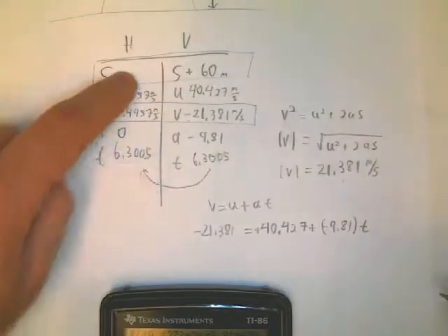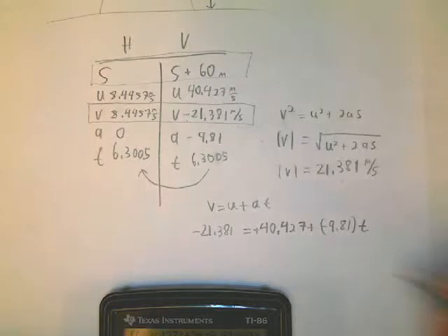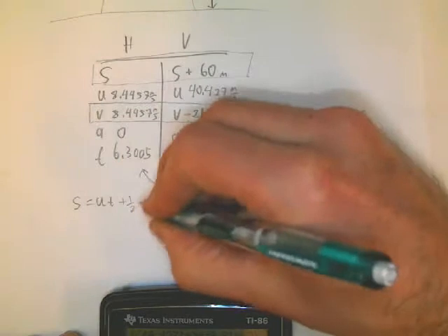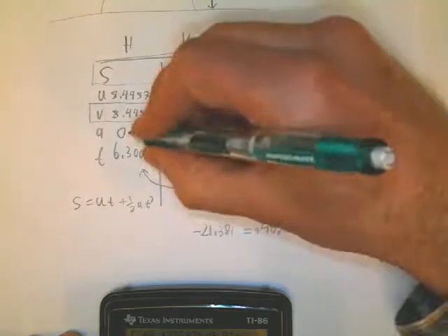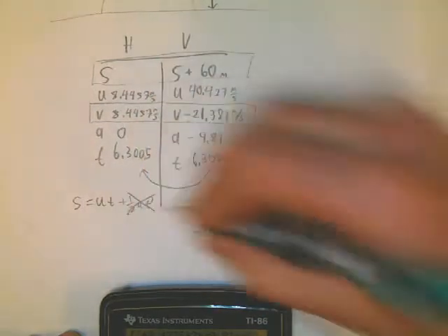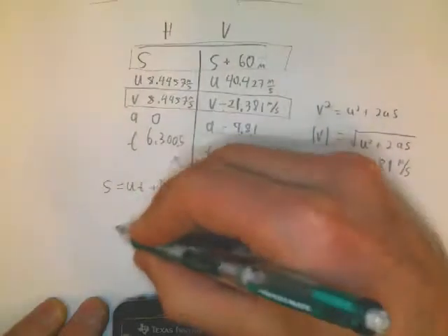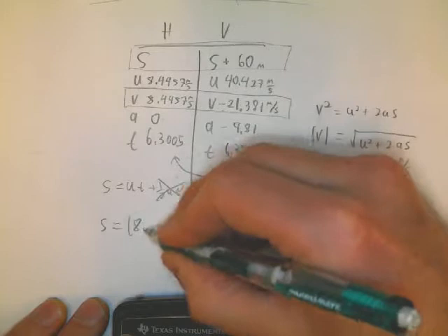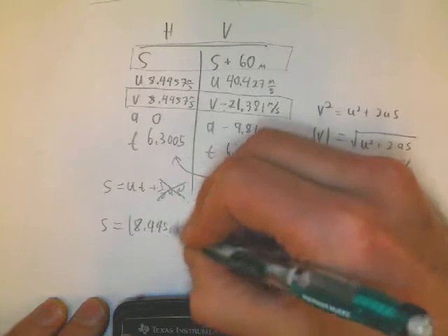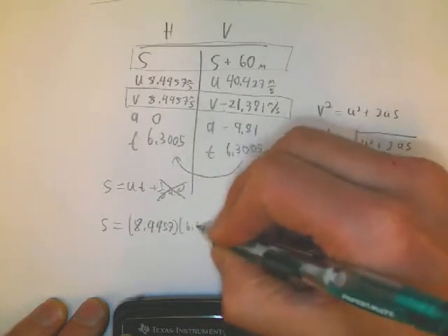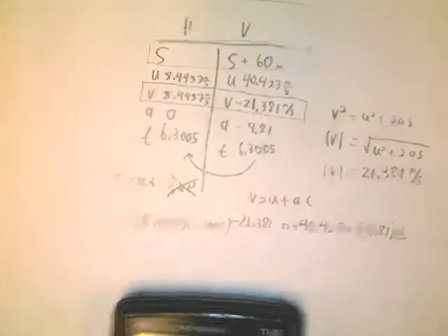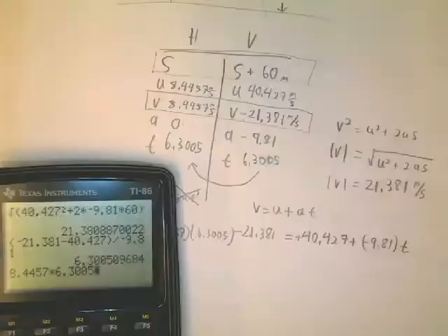Now we can figure this out. This is easy. s equals ut plus 1/2 at squared. Acceleration is 0, so that term goes away. So s equals ut, which is 8.4457 times 6.3005, which looks like this on the calculator.